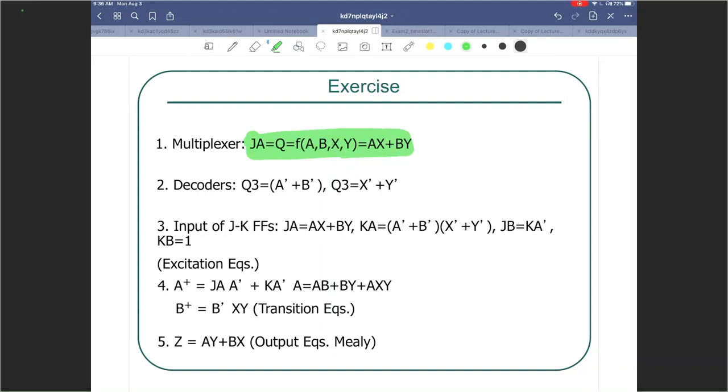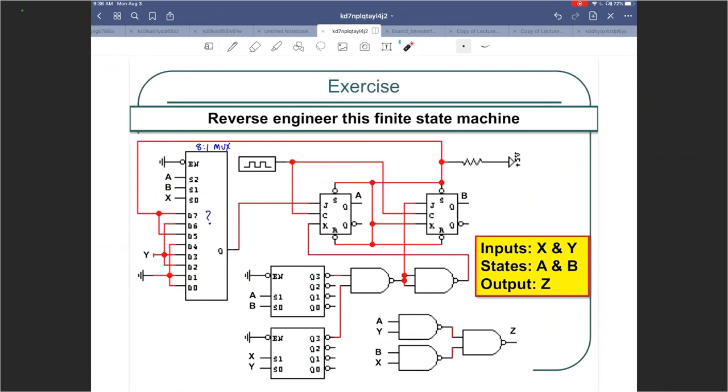JA equals the output of the 8:1 mux, which is AX or BY. AX or BY is the output over here given the particular inputs.